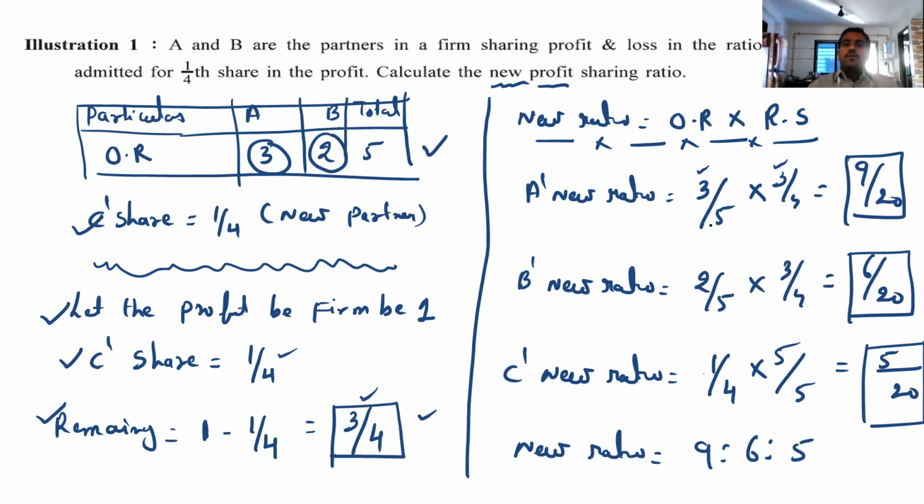Now B's new ratio is 2 by 5 into 3 by 4, which comes to 6 by 20. Now C's share is already given, so nothing new to be done: 1 by 4 into 5 by 5, which comes to 5 by 20. So 9 is to 6 is to 5.